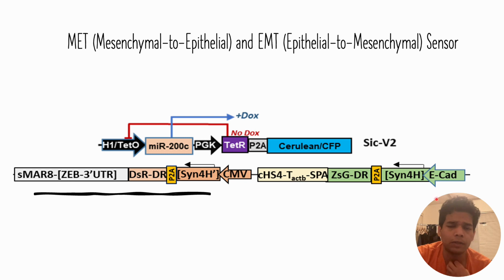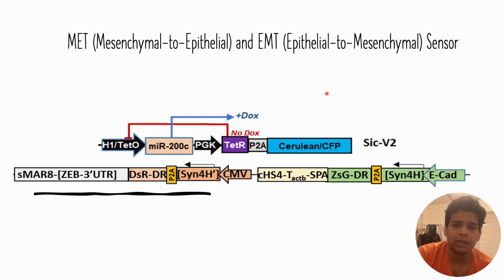So the cells will not show green color, or the green color will start to fade, and after some time, when ZEB1 gets stabilized, this region of the sensor will start to translate, and Syn4H will be translated because of the CMV promoter, and simultaneously the destabilized DsRed will also get translated. So now the cells will show the red fluorescent signal.